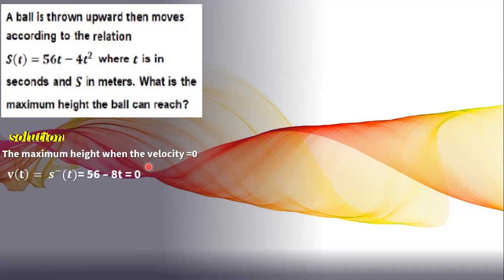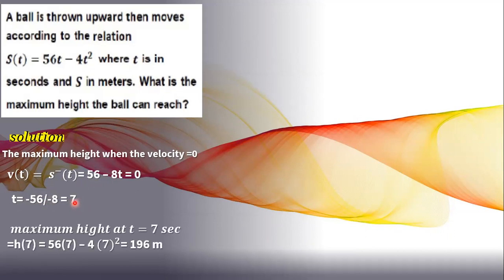So we get the velocity by taking the derivative: 56, and 2 times 4 is 8, t power 2 minus 1, so t power 1, equals 0. So we will solve for t. We will move positive 56 to the other side, negative 56, and divide by the coefficient of t, negative 8. So we'll get t equals negative 56 divided by negative 8 equals 7 seconds.